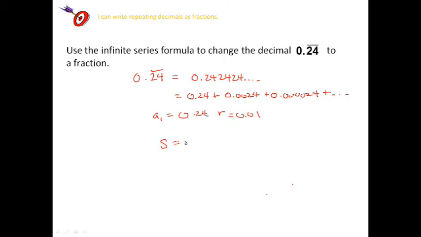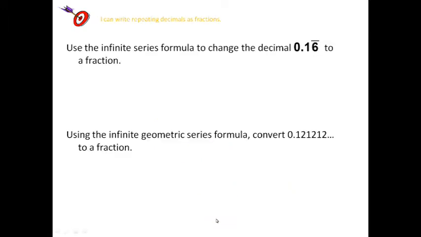The sum is going to equal 0.24 over 1 minus 0.01, which is 0.24 over 0.99, which equals 8 over 33. So there we go. We wrote it as a fraction. Okay? You guys try these. I'll be working on them up here as you work at your desks.